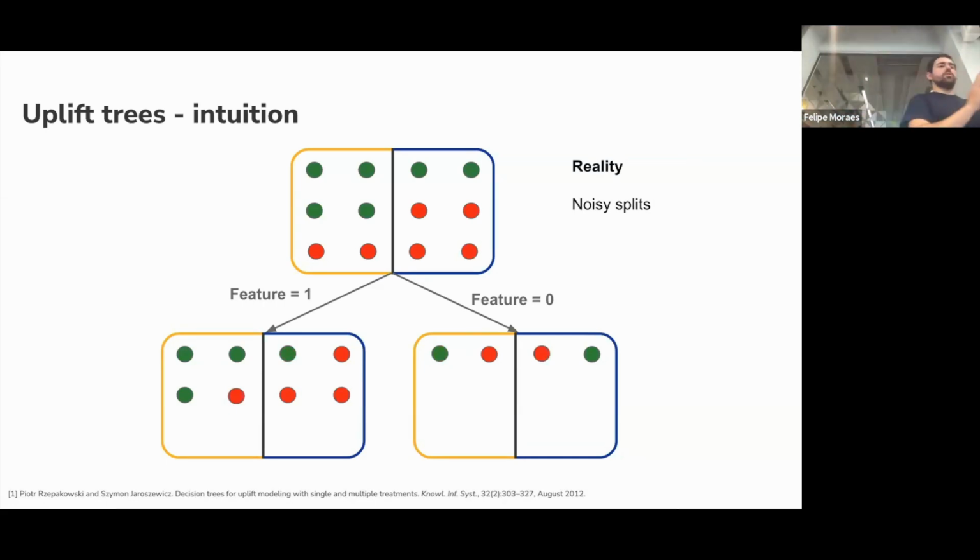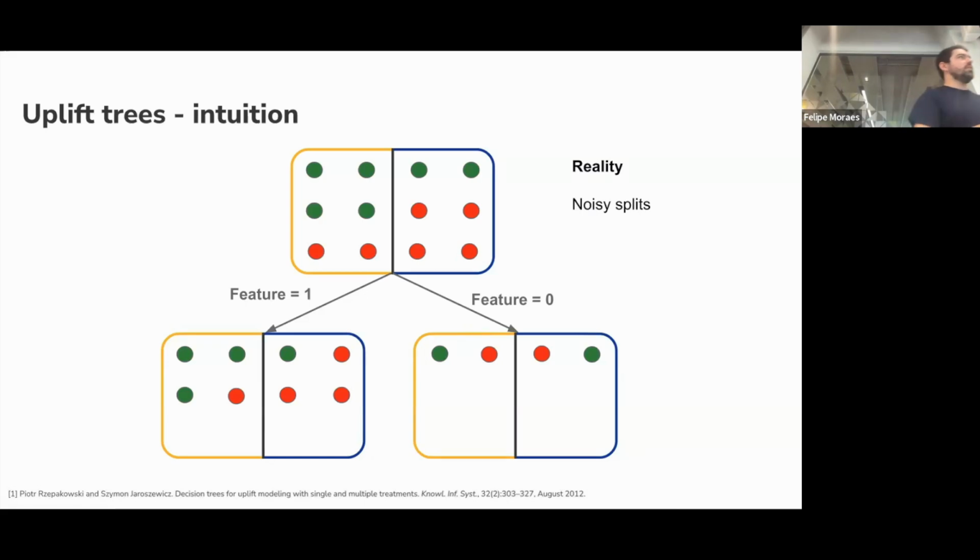Then your algorithm, in the perfect scenario, goes over all the possible splits and says, this feature with this split is the best one to separate at this point. After that, you do it again and you learn more, and the tree continues growing.